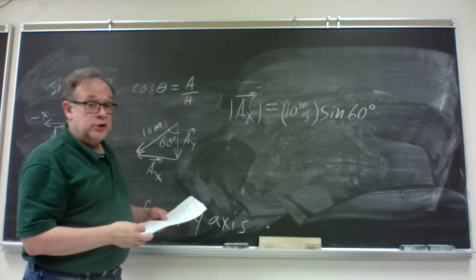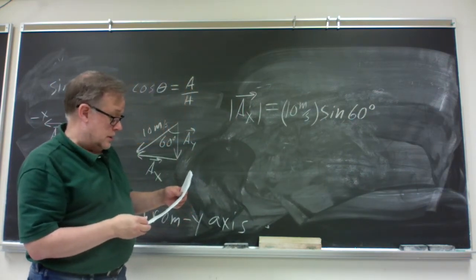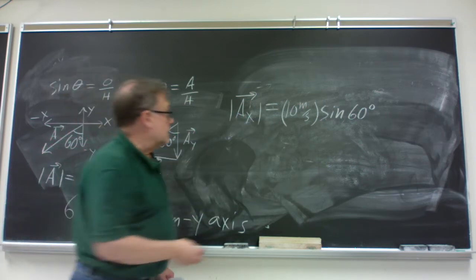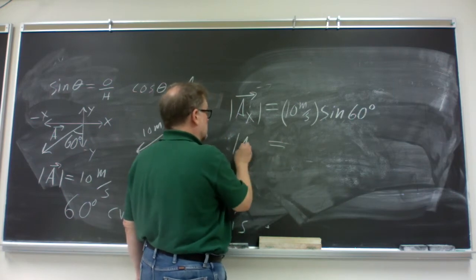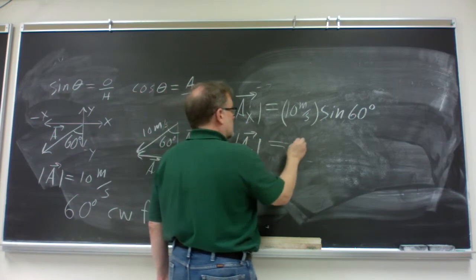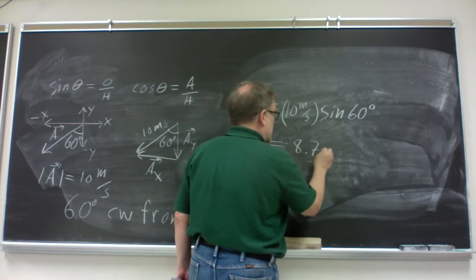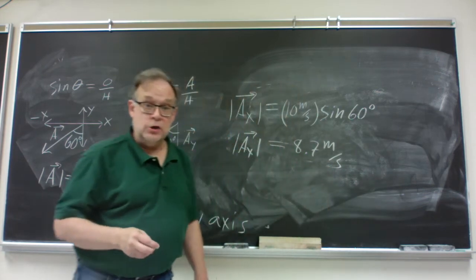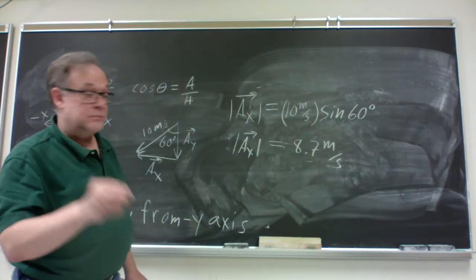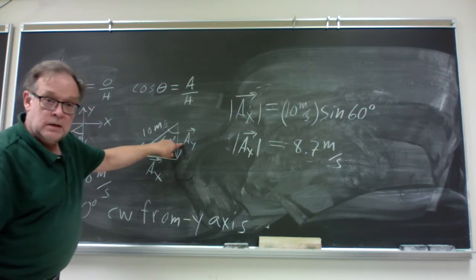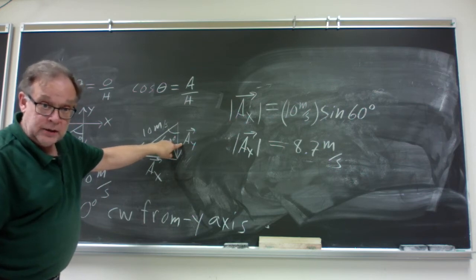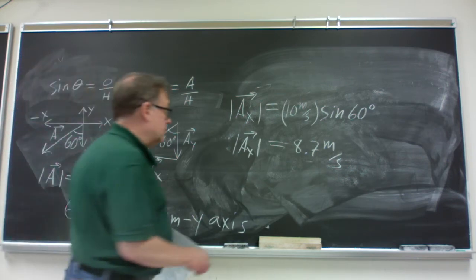After your calculator tells you what sine 60 degrees is, about 0.866, you multiply that by 10 meters per second, and you have, for the magnitude of AX, about, say, 8.7, just rounding it off to 2 digits, 8.7 meters per second. But remember, the y component is pointing in the negative y direction, so the actual value of AY is negative 8.7.